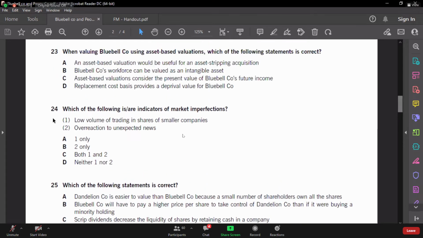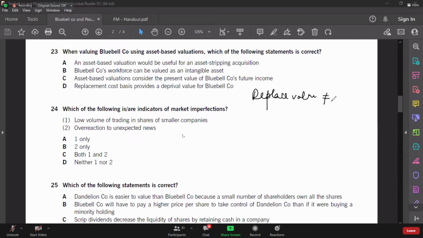The previous question, is it Nitin? Yes, ma'am, the 23rd one. So that says replacement cost provides a deprival value for Blue Bell company. Here what they're trying to say is that your replacement value is not equal to your deprival value, and your deprival value is also not equal to your realizable value.